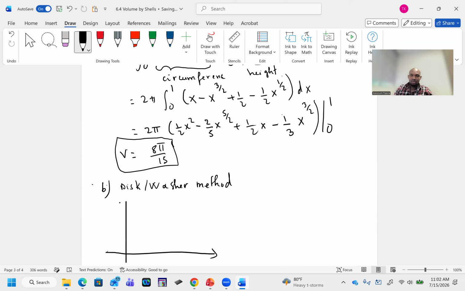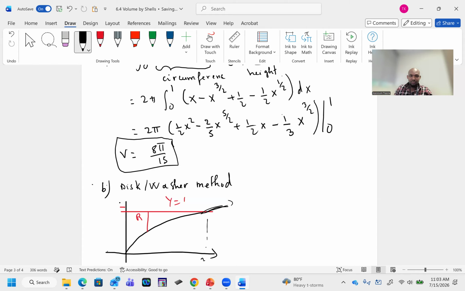So we have to graph square root of x again, and the line y is equal to 1. Let's say this is R. So of course, this will be 1, right?